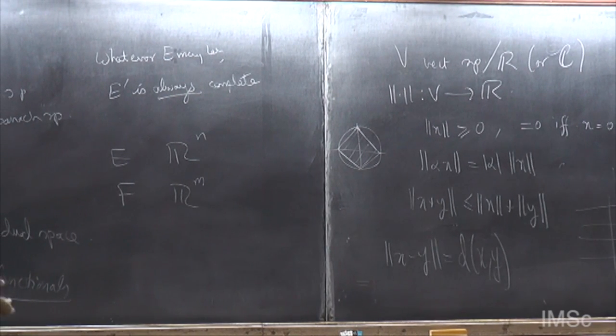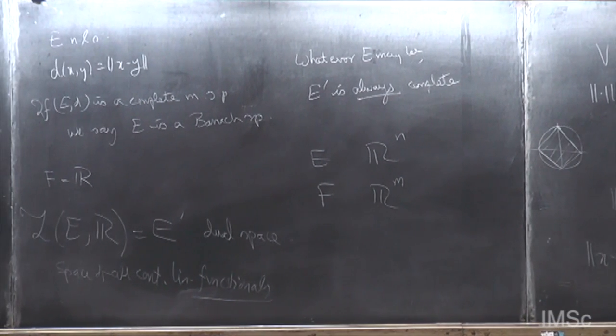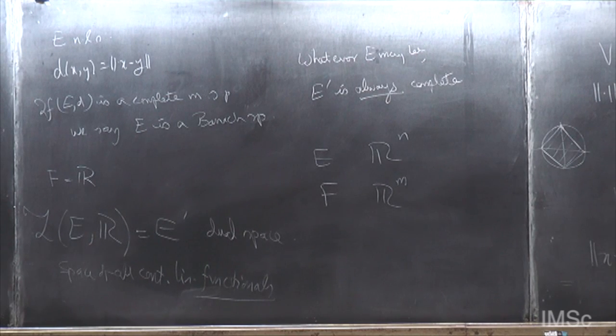Okay. But this way we are able to define the derivative of a function which is from a normed linear space taking values in another normed linear space. So, we are going very far away from R to R. Okay.